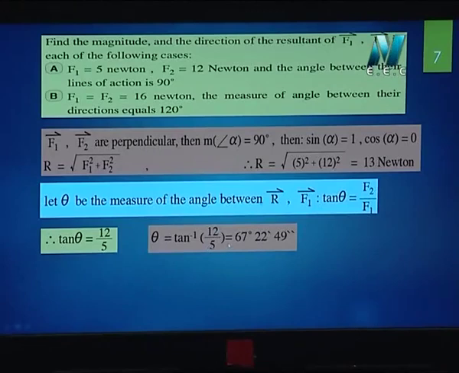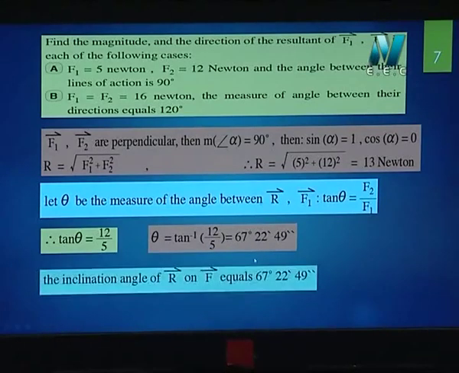The answer will be 67 degrees 22 minutes and 49 seconds. So the inclination angle of R on F1 equals 67 degrees 22 minutes and 49 seconds. Let's move to the next question.